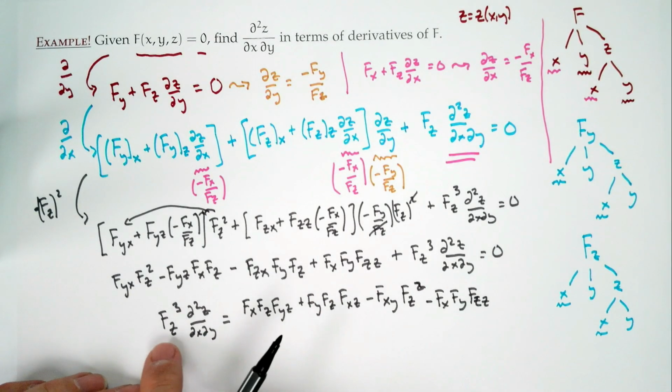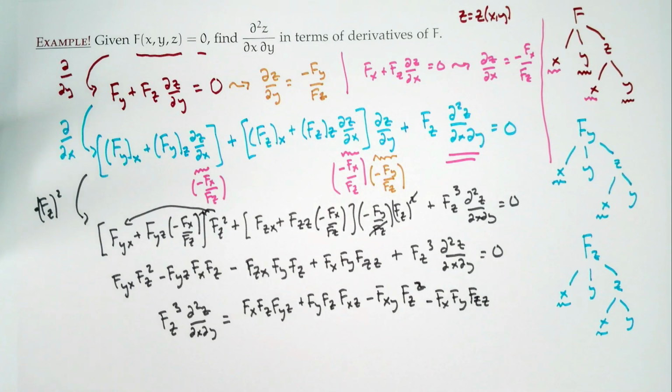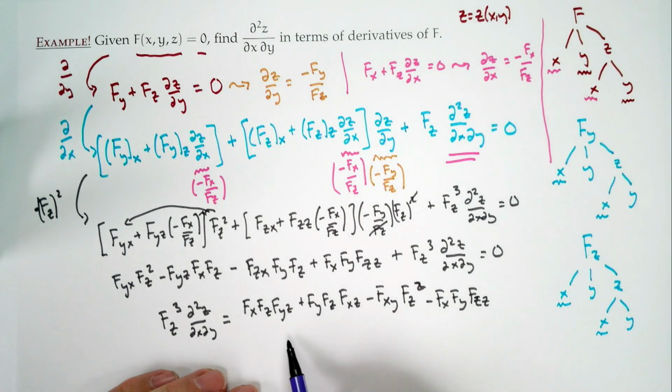Now, one more step. We want to get rid of that f z cubed, and so we divide, and now we're ready to write down our final answer.